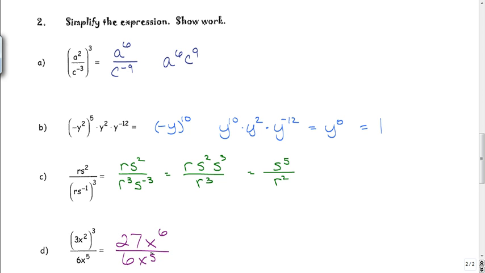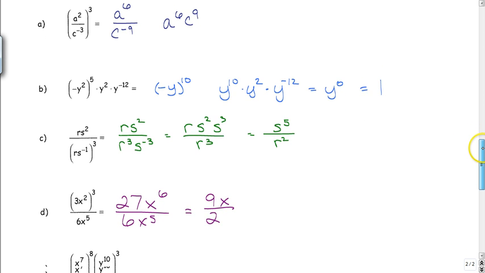So 27 over 6 still reduces. We do not subtract. They are numbers. So 27 over 6 is going to reduce to 9/2. And then we have 6 x's on top, 5 on the bottom. That's going to simplify to 9x over 2. And you are done. Okay, so we have 4 more examples in these notes.